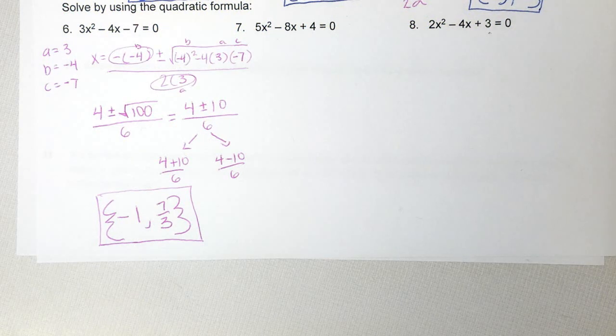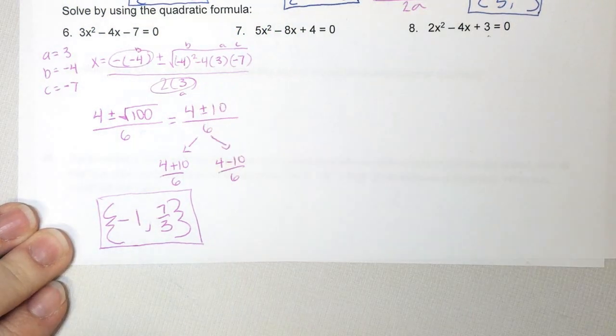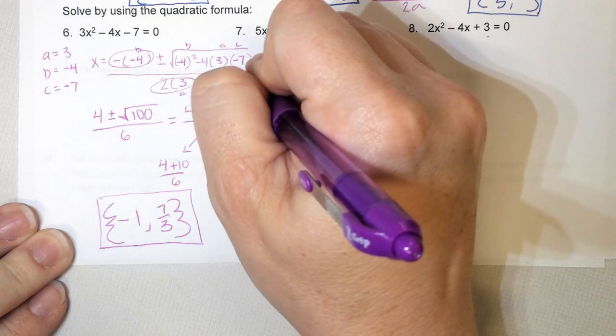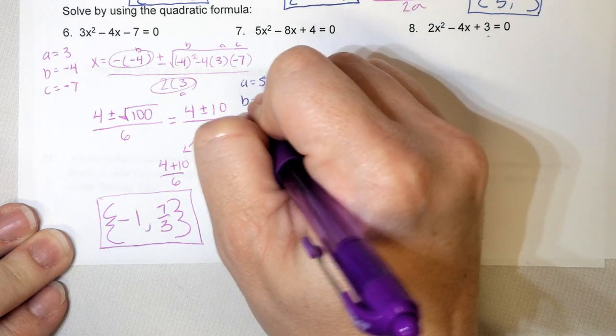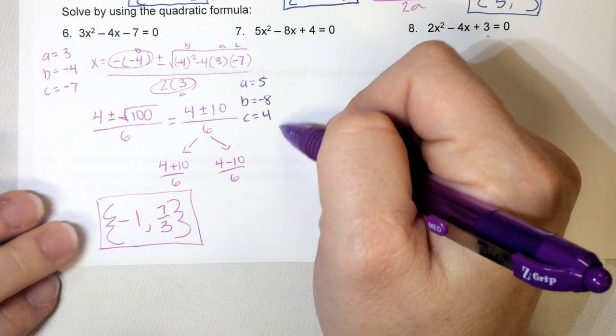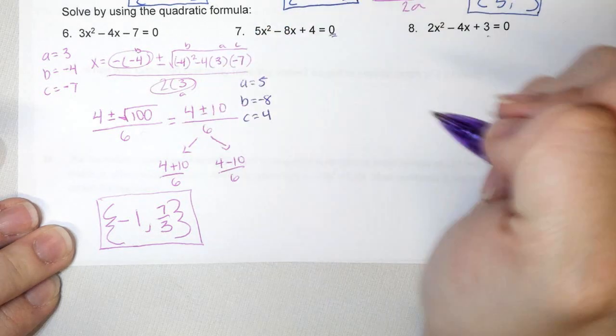Okay, number 7, sorry. So again, find your A, B, and C. I'll pick a different color. A is 5, B is -8, C is 4. So the reason I found A, B, and C right away is because it already equals 0. Okay, so I'm going to plug it into my formula.